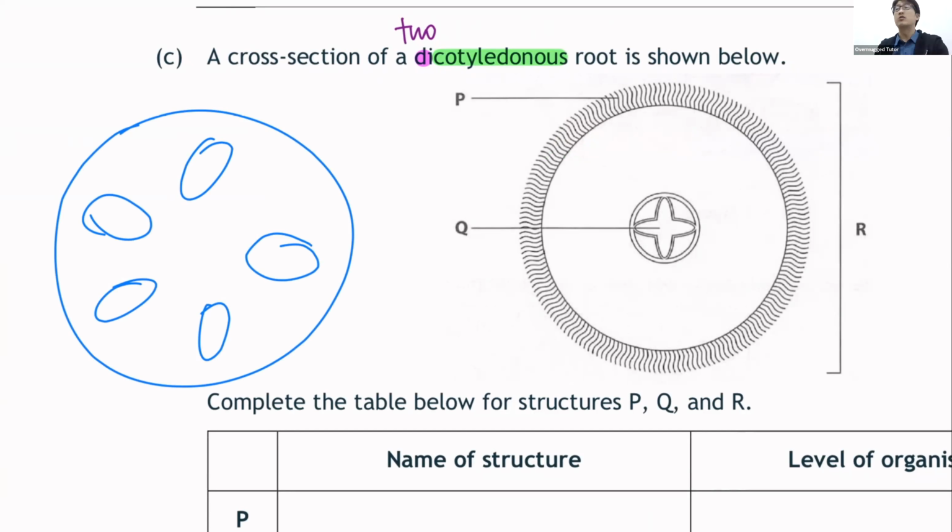This only applies to dicotyledonous plants. Monocotyledonous plants have no such neat arrangement; the xylem and phloem are scattered throughout the stem. So this is all you need to know, just very fleetingly, the difference between dicot and monocot. Make sure that we are aware that our syllabus focuses on dicotyledonous plants.